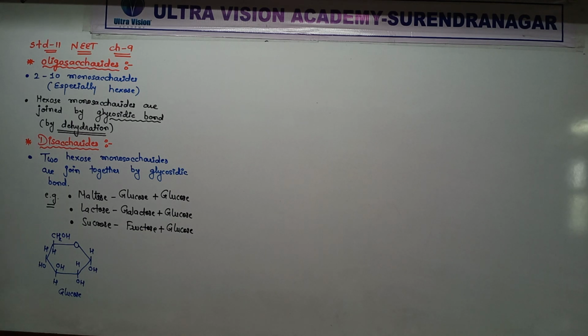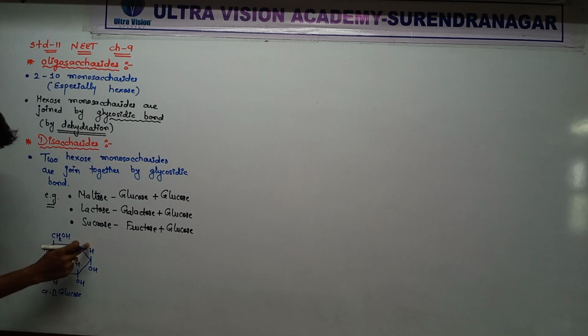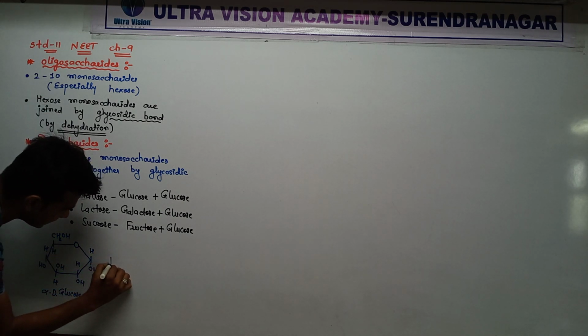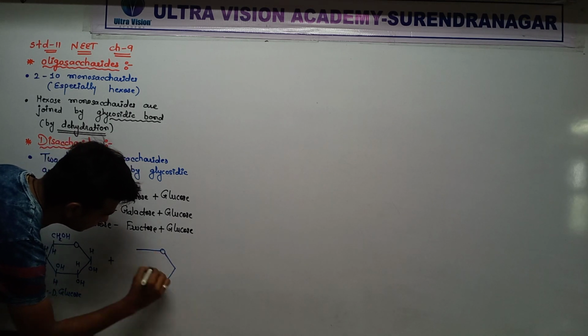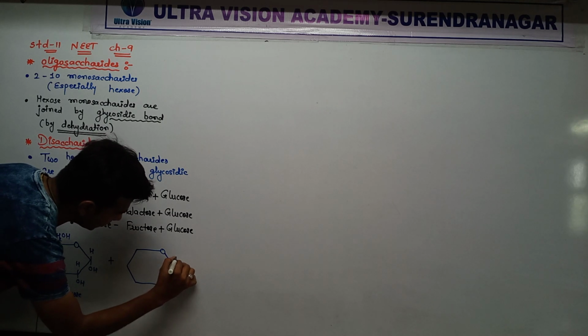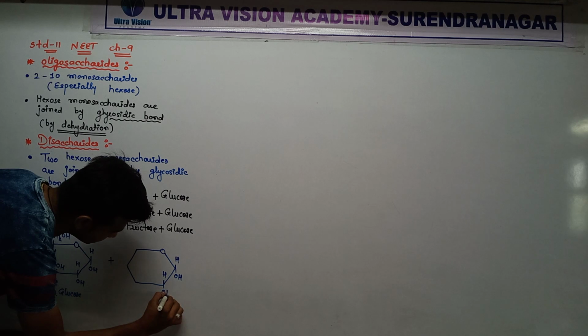Here it is known as alpha D glucose, because you know that on the first carbon an OH group is there. In the same way, the same glucose molecule I can draw here.